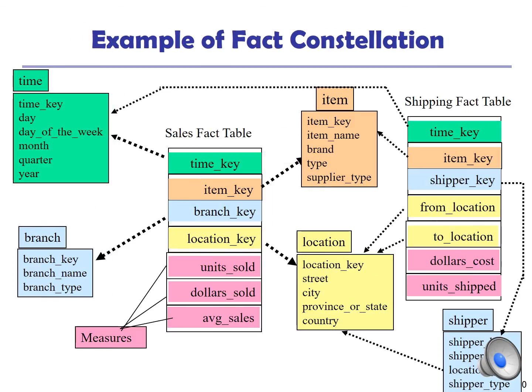Now we have our galaxy that we talked about, or a fact constellation, okay, which consists of multiple fact tables, and there are different dimensions which are linked to these fact tables together, all right. So basically you're expanding the view further with a fact constellation.